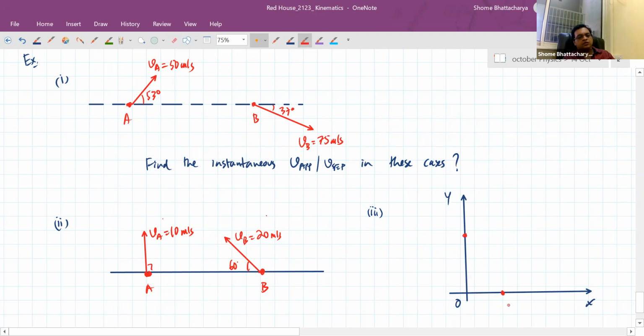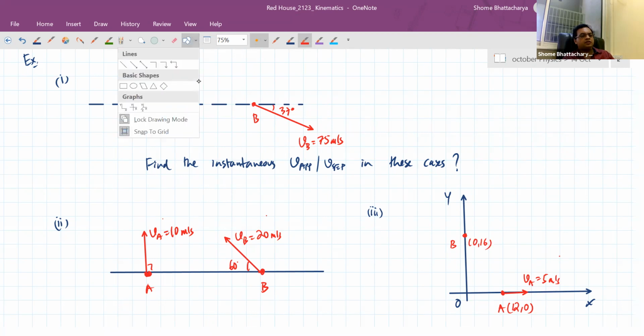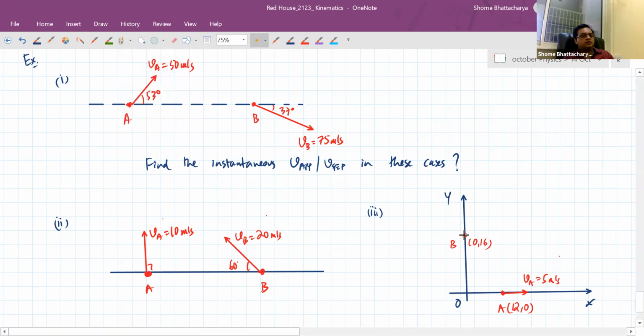So in this now, A is located at the position 12, 0, and it has a velocity of 5 meters per second like this. B is located at a position 0, 16 at this moment, and its velocity is in this direction along the y-axis like this.